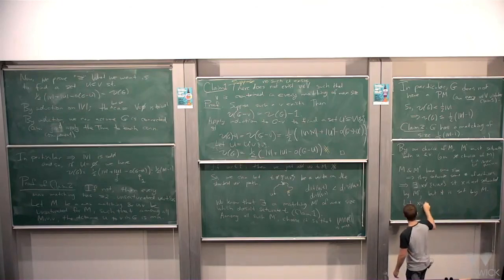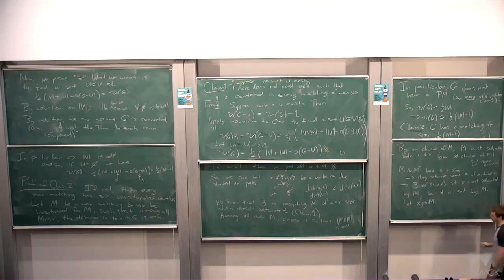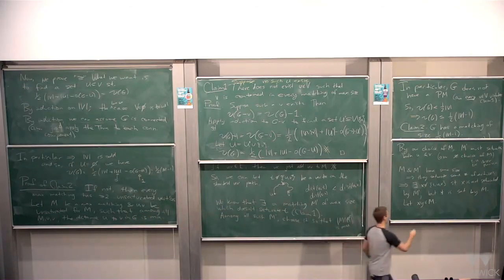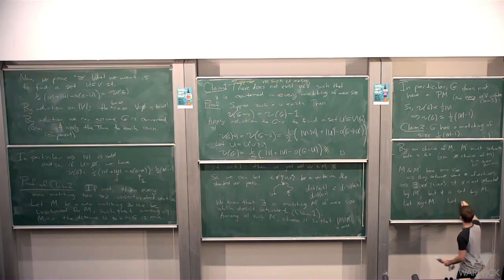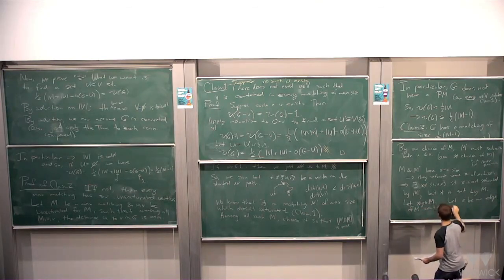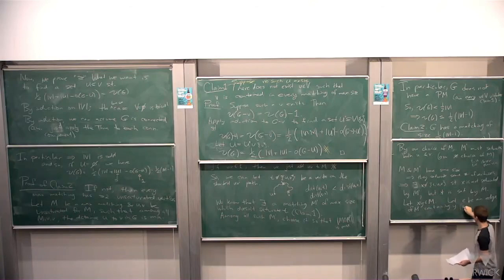Okay, so now the very last step of the proof. Let XY be the edge in M that contains X, and let E be an edge of M prime containing Y, which must exist by the fact that M prime is maximum, right?